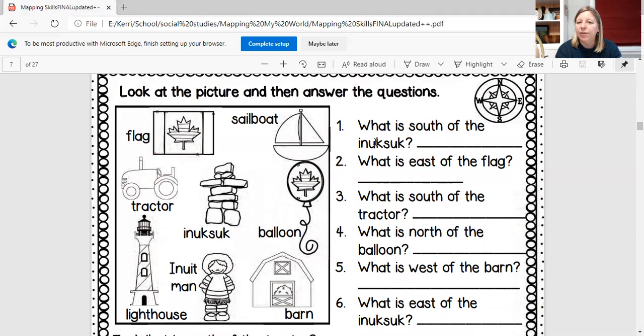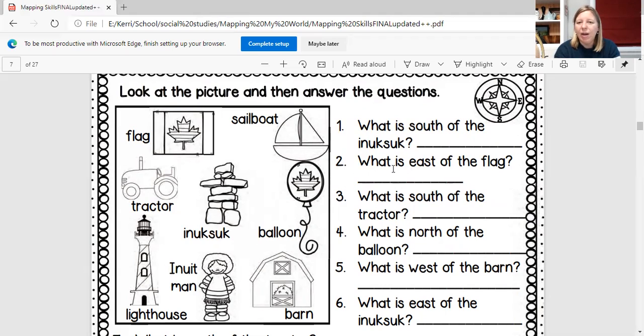What is south of the Inukshuk? So they have a compass rose here for you to refer to. South is down. So what is it? I see. You're right. It's the Inuit man. Print Inuit man on the line.